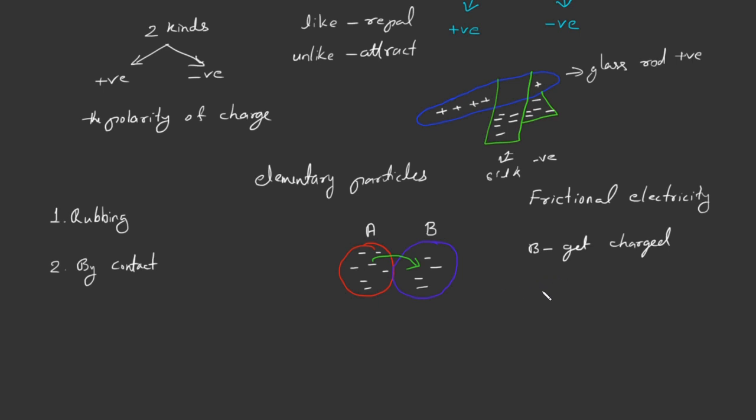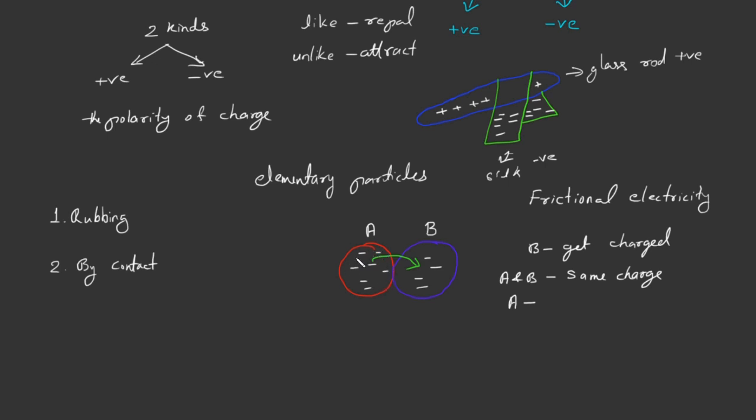Look, in this case both A and B have the same charge, that is, the charge of the charged material A. If A is positive, then A and B are both positive. If A is negative, A and B are both negative. Now, what happens to the charge of A?